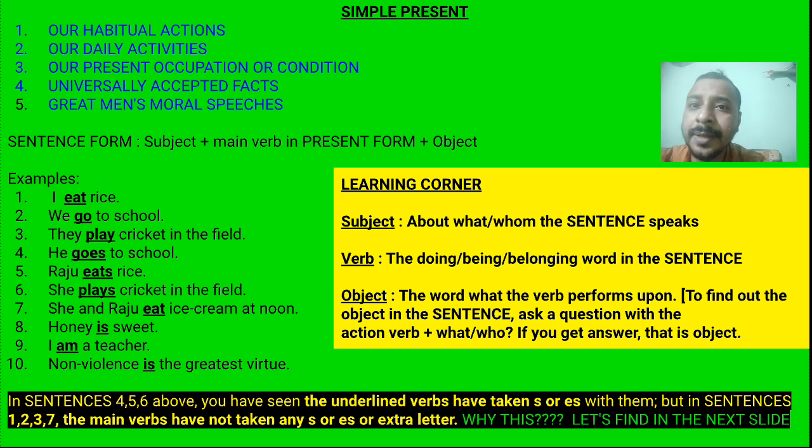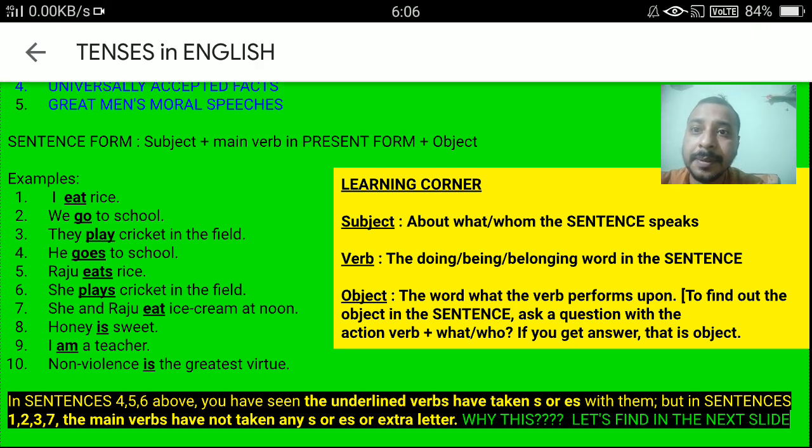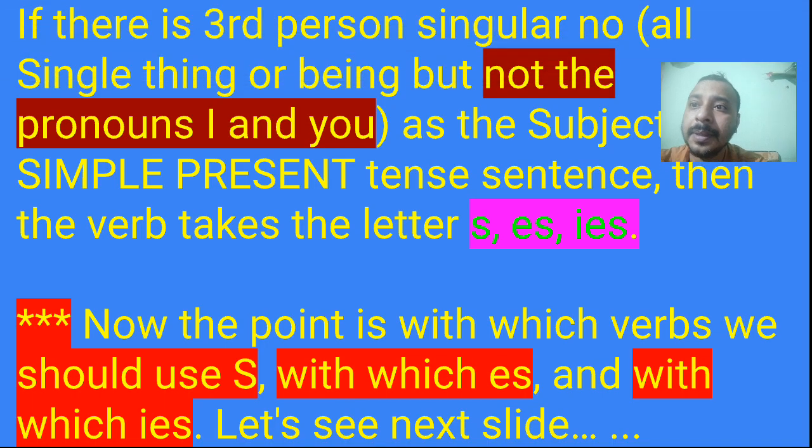Then why do the verbs in 4, 5, 6 take s or es, and why do the verbs in 1, 2, 3, and 7 not take any s or es? Can you find the reason for this? Okay, let's find the reason. Say this properly: if there is third person singular number, you remember this term is very much important for you.